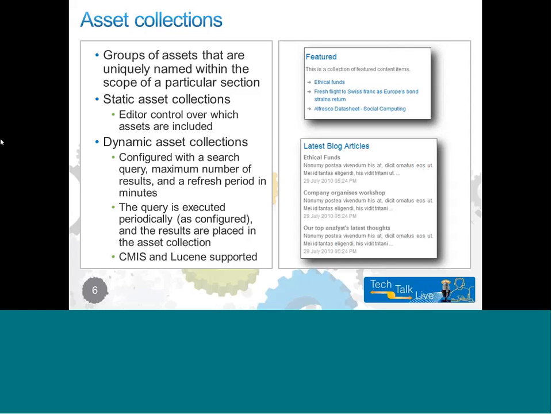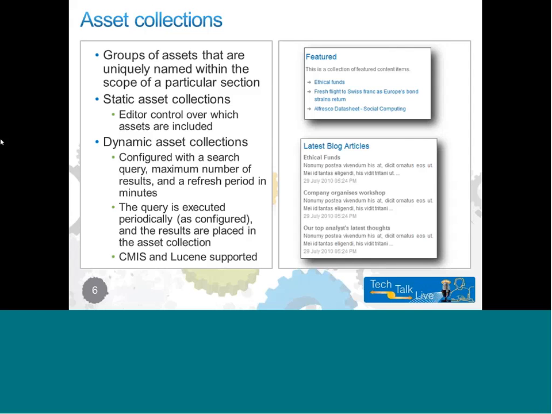That's often the case on websites. So what we've done is model that as a specific concept, the asset collection. An asset collection just contains any group of assets, and you can have any number of them related to each section, and each one of them has a unique name within that section.